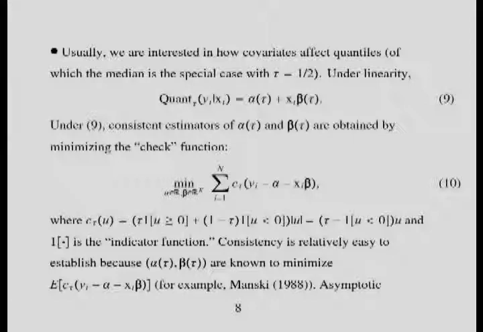We just talked about the case of least absolute deviations, which identifies the median. So in quantile regression, in the leading case where we specify a linear function, the intercept and the slope explicitly are shown there as being a function of whatever quantile we've chosen.